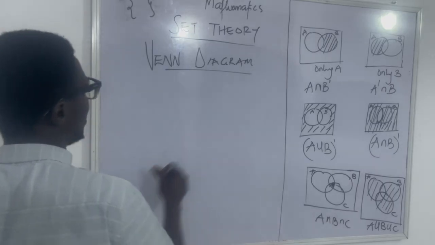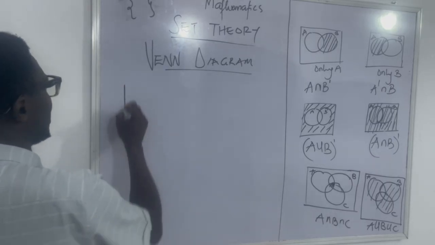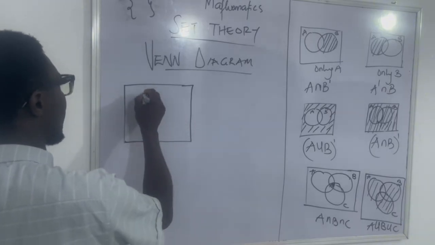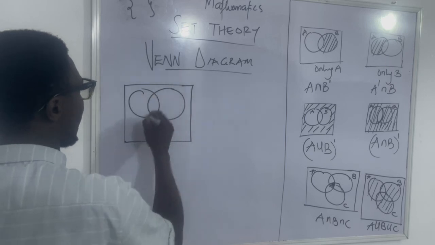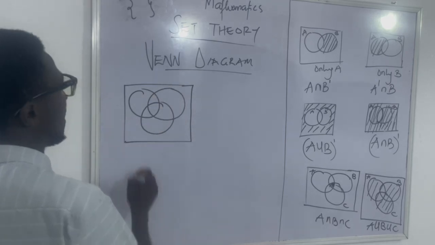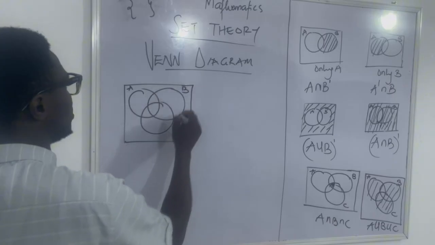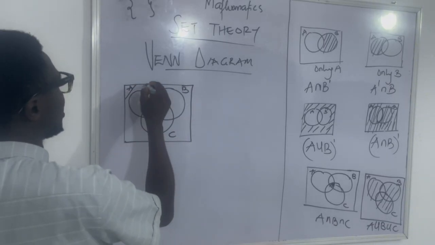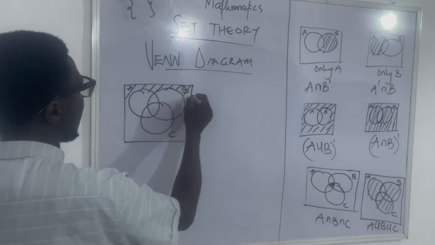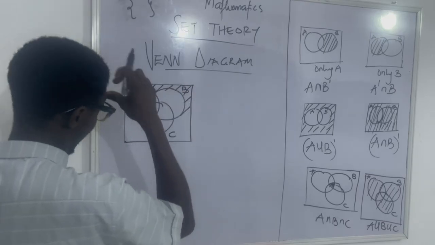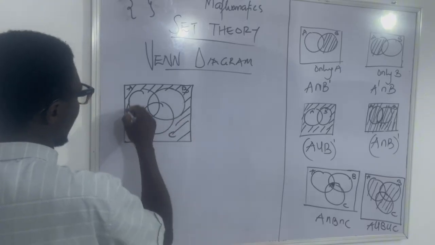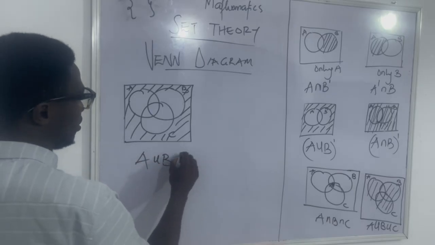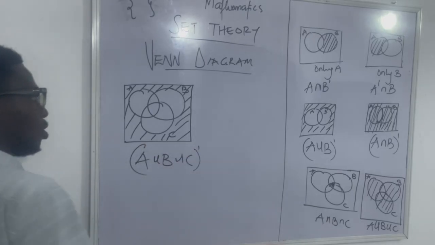So let's say this is A, this is B, this is C. Now, if we shade, this is A union B union C complement.